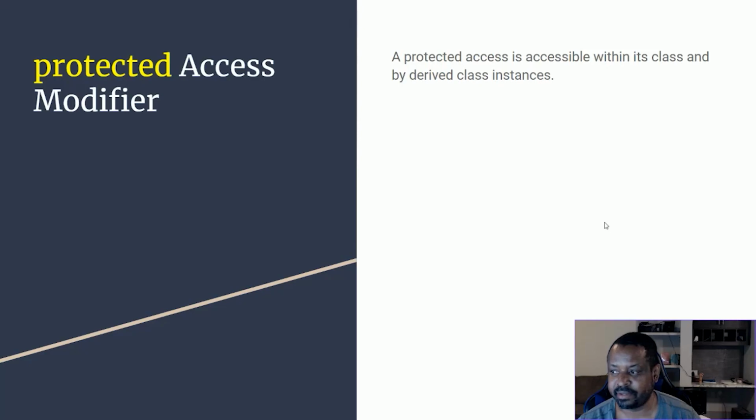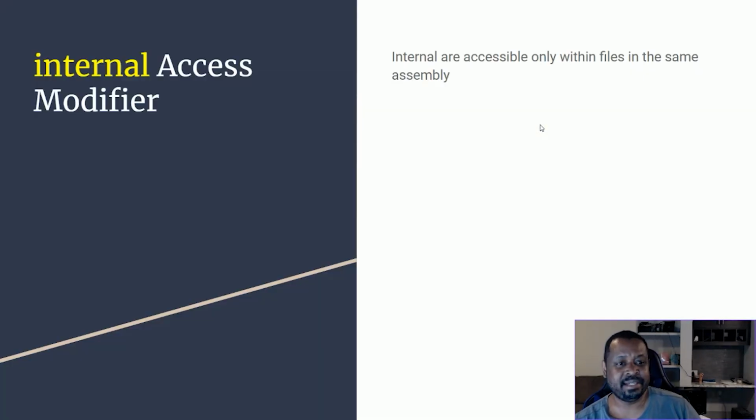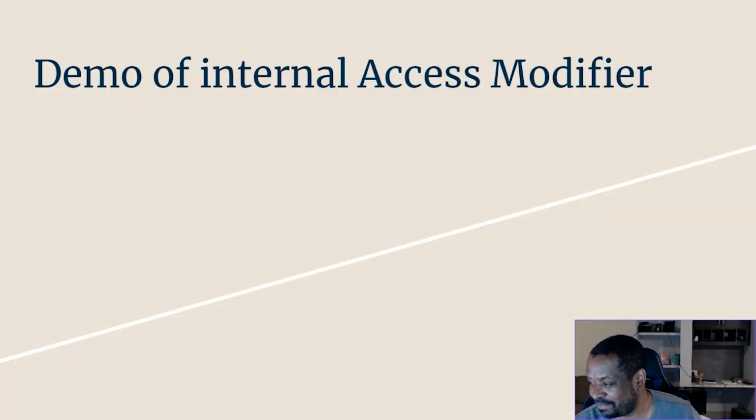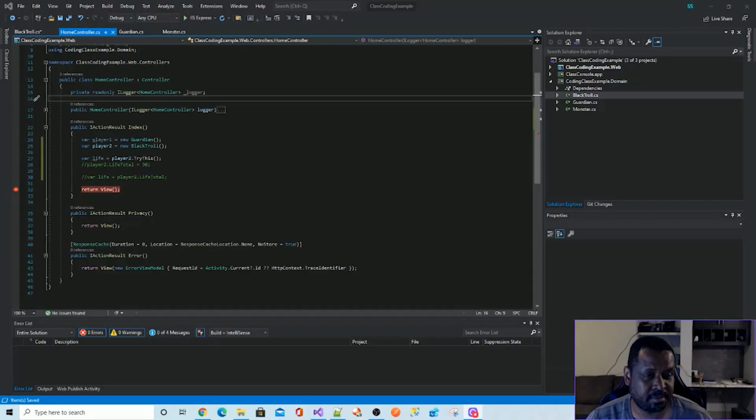So, very interesting. A protected member is accessible within its class and by derived class instances. Amazing. We went through the demo already. Internal access modifier: internal members are accessible only within files in the same assembly. Demo time. Okay, so here we go.